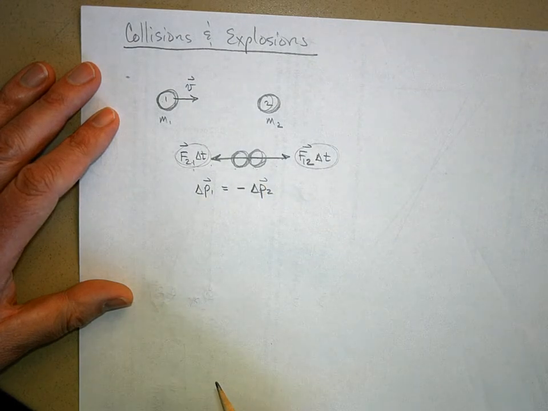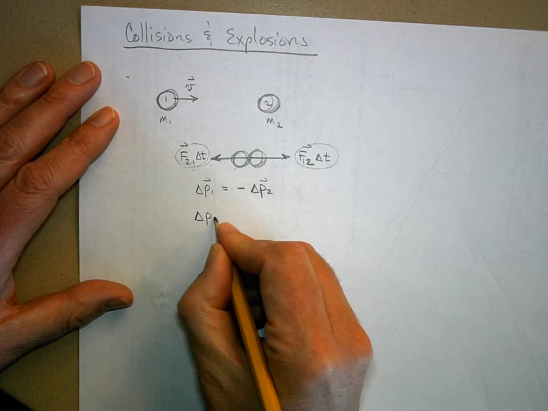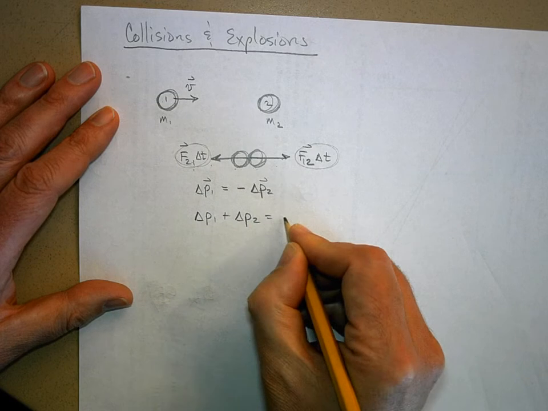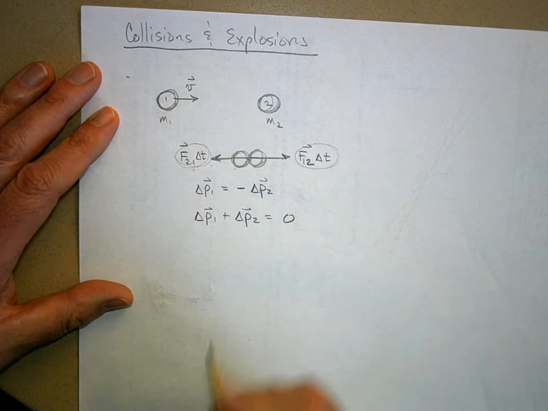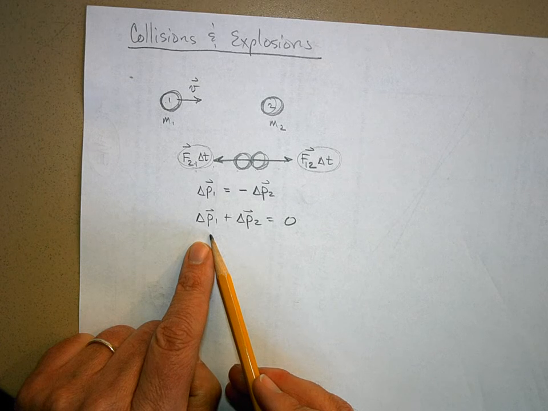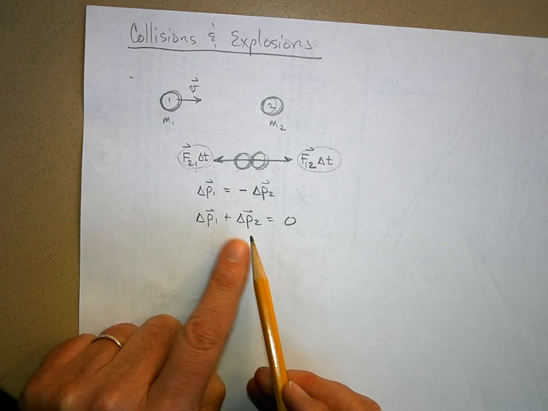And then if I rearrange this, if I add this to the other side, I get 0. So in other words, object 1 gets its momentum changed. Object 2 gets its momentum changed. But when I add those changes together, I get 0.